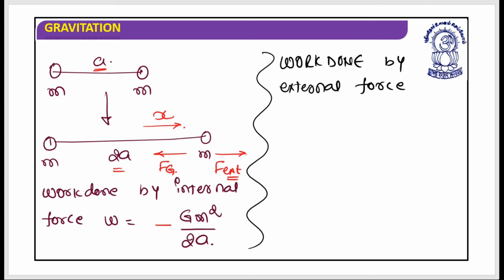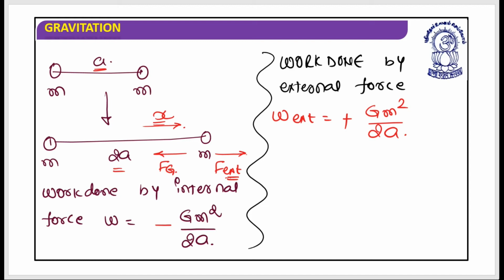Is it clear? Yes. So F external is acting in this direction, displacement is in this direction. When both are in the same direction, work done due to external force, again magnitude wise it would be the same. It's Gm² by 2a. It is a positive work done. I hope this is clear.